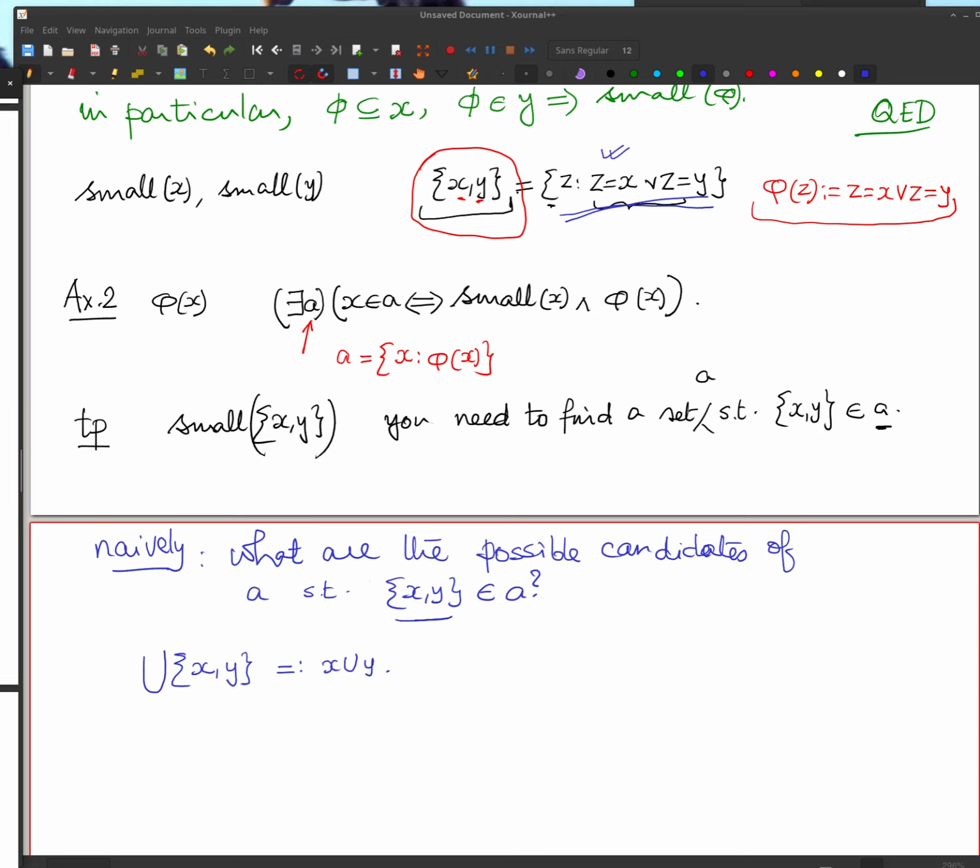Now let me think. What are the subsets of X union Y?